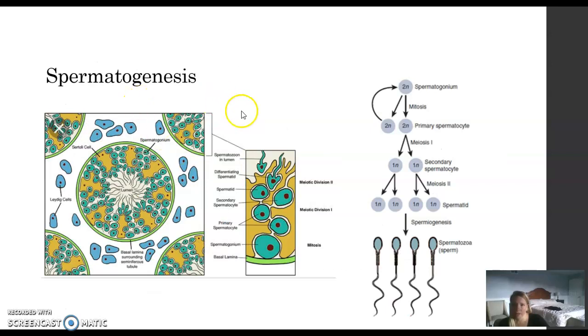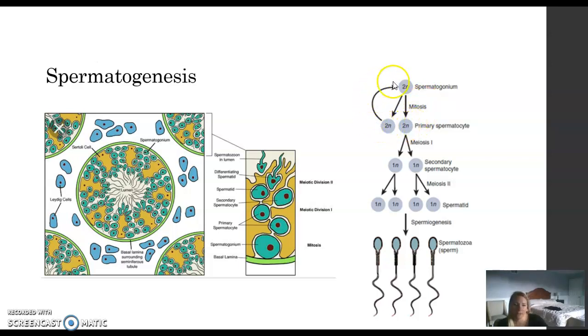So spermatogenesis is going from your germ cell to mature sperm, and here we have the spermatogonium, which is diploid and goes through mitosis, and in mitosis it's going to result in two identical daughter cells.